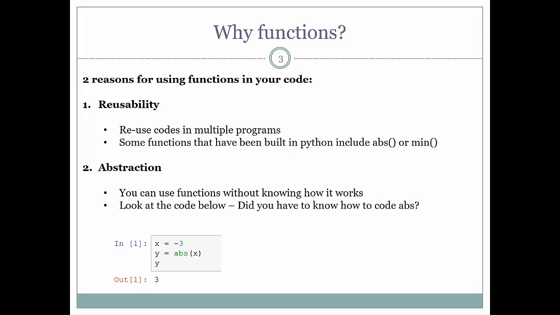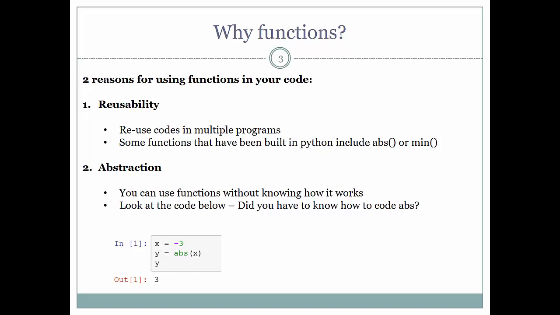So for example, if it's -5 and you use absolute, it will actually give you 5. Or within a set of numbers, what is the minimum value? All of these are already pre-coded for you, and these are called functions.